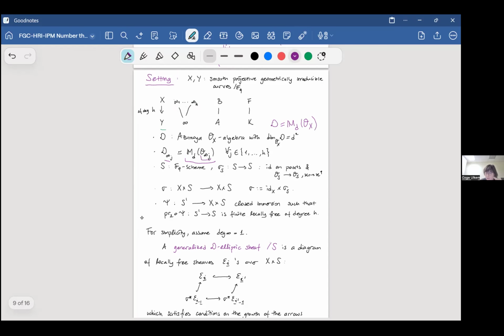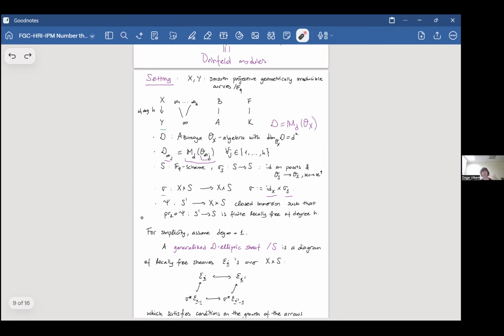And we take S to be an F_q-scheme, and sigma is again the relative Frobenius on X times S to X times S, defined as identity on X and Frobenius on S. Now here we need to fix one closed subscheme S prime of this fiber product, which is called the characteristic, and we need it for later.